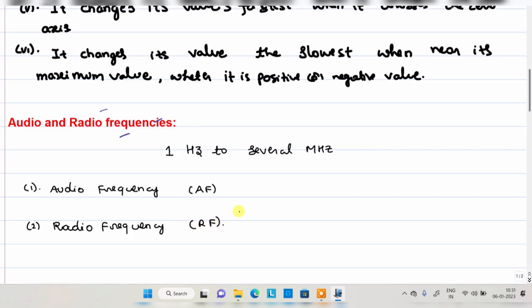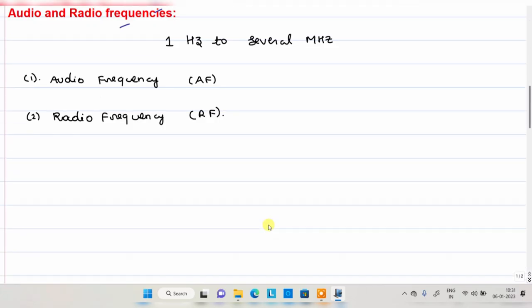Okay, so the particular ranges we are going to talk about. The audio frequencies are those which can be heard in the form of sound waves. That means we human beings can hear the audio waves in the form of sound. For example, when I speak in this video, we can hear that; that is the audio frequency.